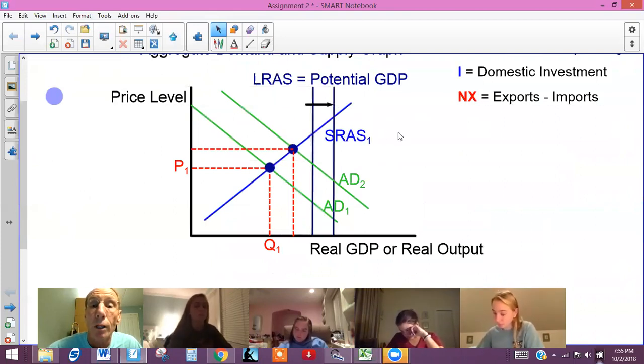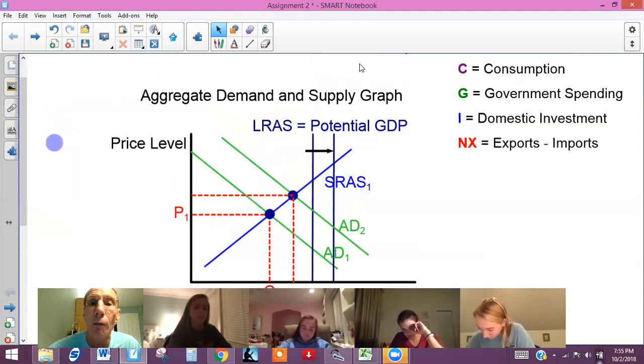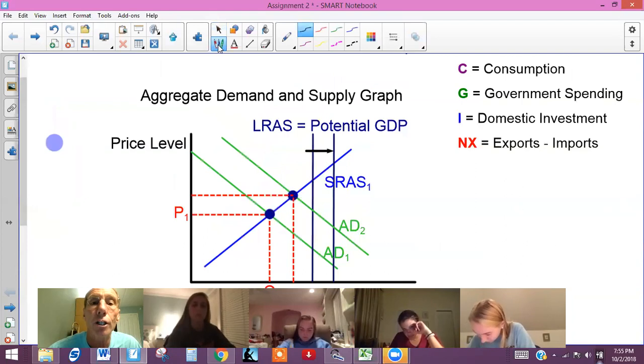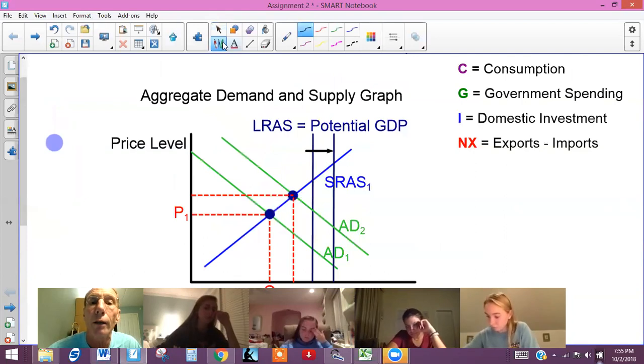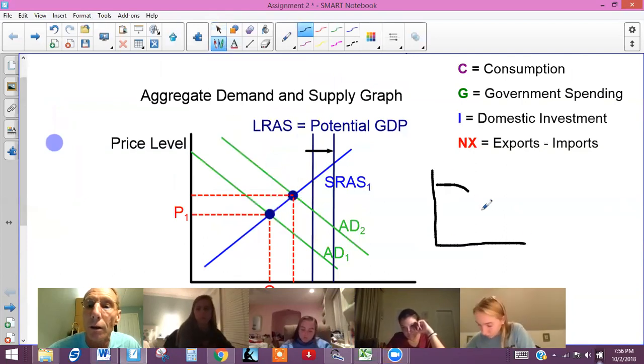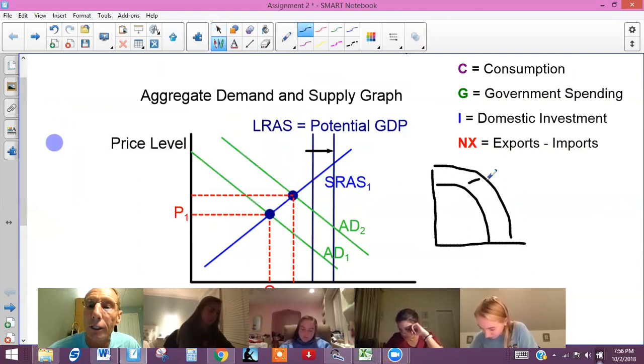Now, this question doesn't ask you, but remember that that's also going to mean a shift out. I don't have one right here, but it's going to mean a shift out. I'm going to draw it really rough, okay? If I can grab a pen here, it's going to mean a shift out. Like this, the PPF also shifts out like that. But this is not asking you, I'm just telling you, okay?